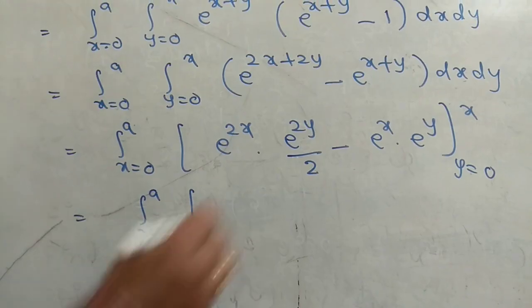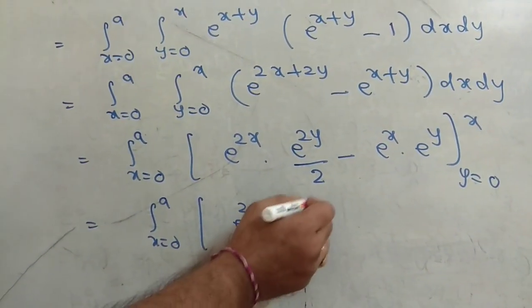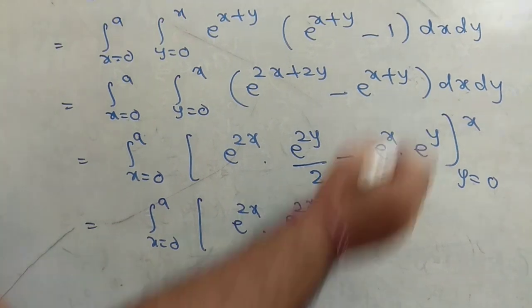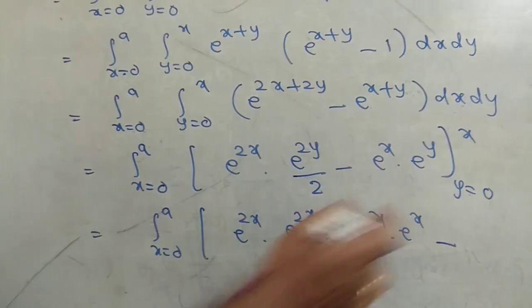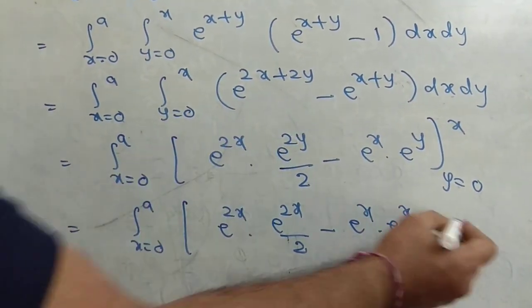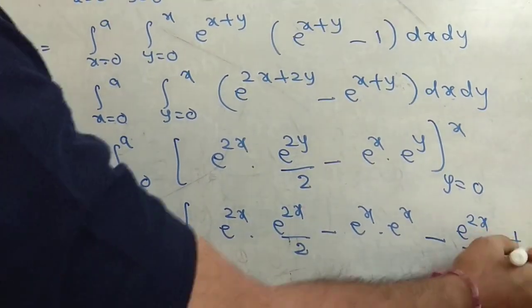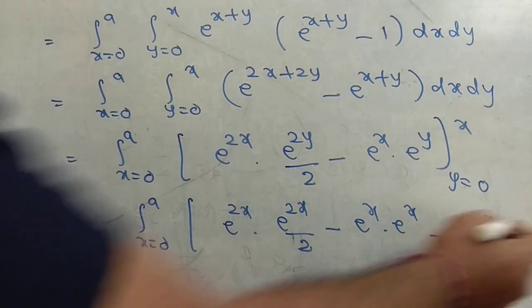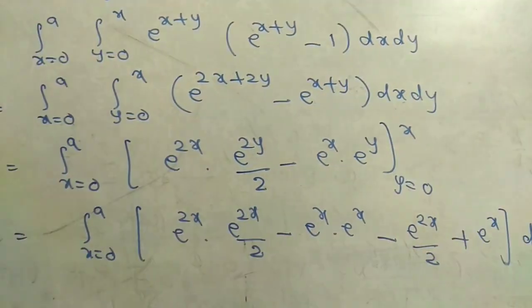Substituting in place of the y variable, e power 2x, this is also e power 2x by 2, minus the upper limit e power x into e power x. Coming to the lower limit y equal to 0, e power 0 is 1, so you will have e power 2x divided by 2. Already minus is there, so plus, substituting y equal to 0, you will have e power x, and still we have here dx.